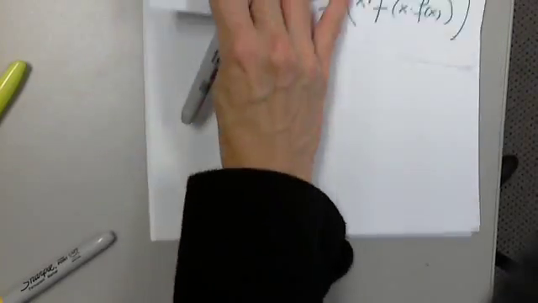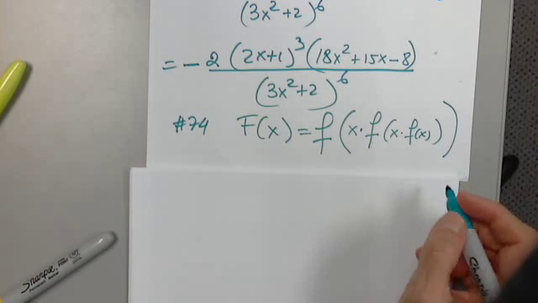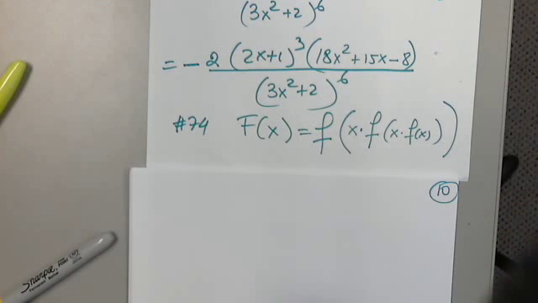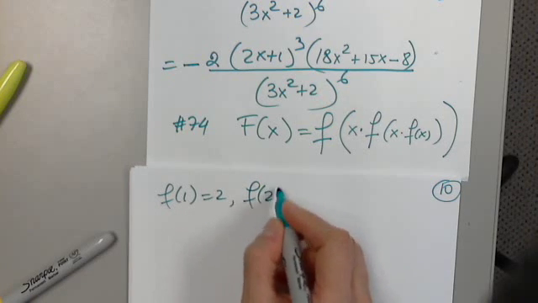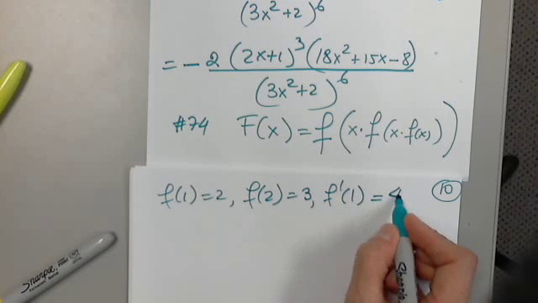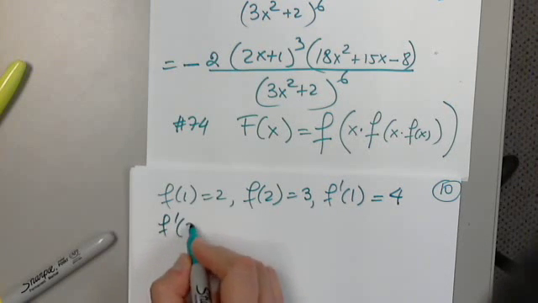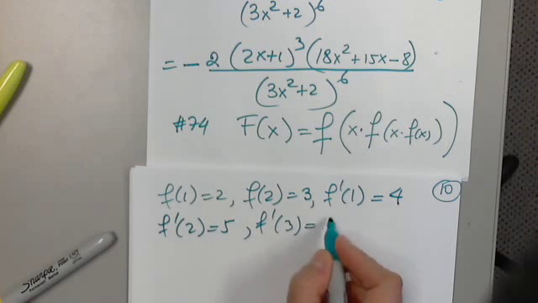We are told that f of 1 is 2, that f of 2 is 3, that f prime of 1 is 4, that f prime of 2 is 5, and f prime of 3 is 6.